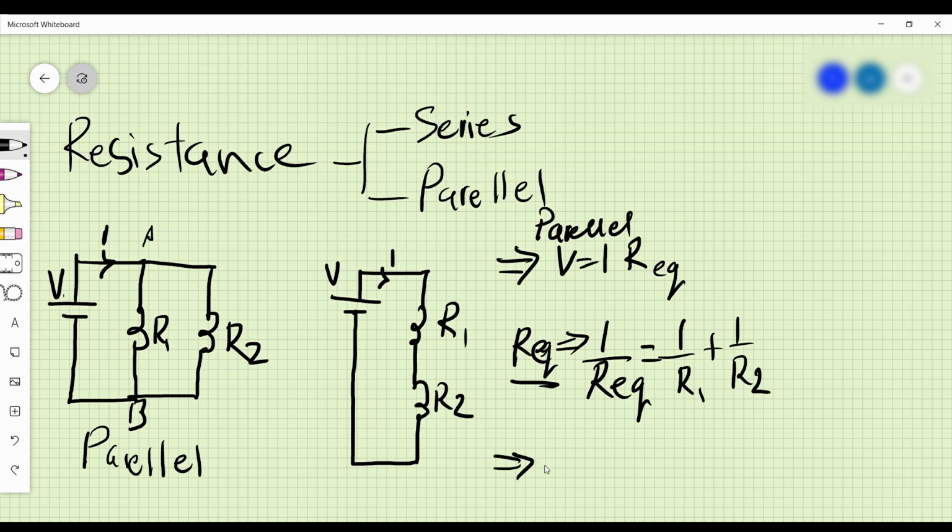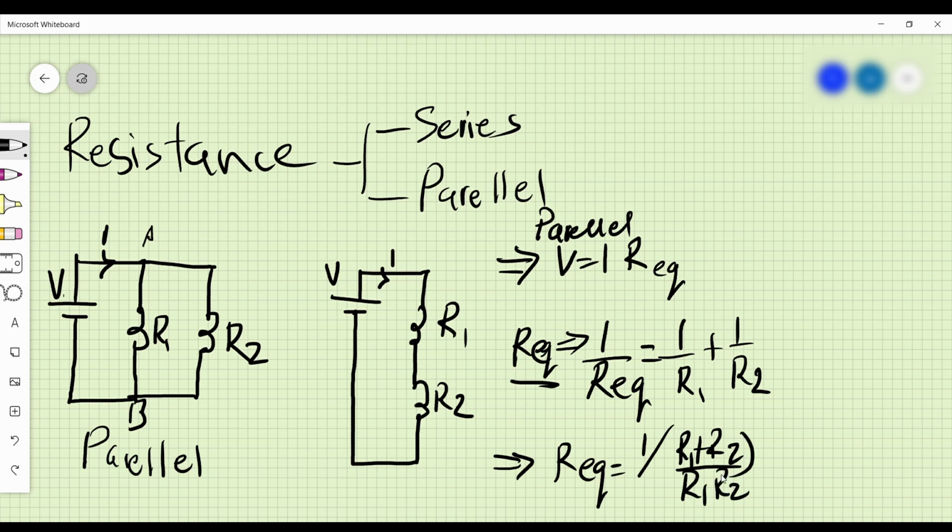Now if you just do simple math, 1 upon R equivalent equals R1 plus R2 divided by R1 R2.